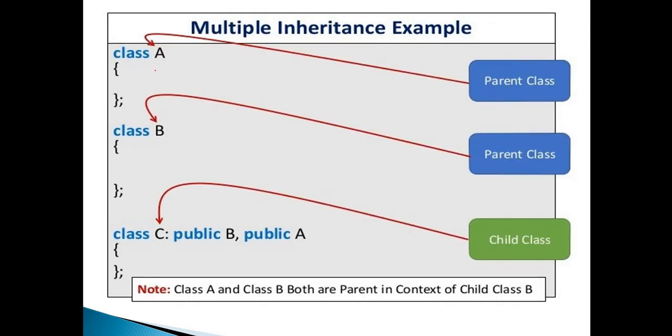Class A and class B are the two parent classes, or you can say the base classes, or the super classes. Class C will access data from these two classes. Both are base classes that will be accessible, and class C will access data from these two classes. So multiple inheritance: more than one base class and one derived class.